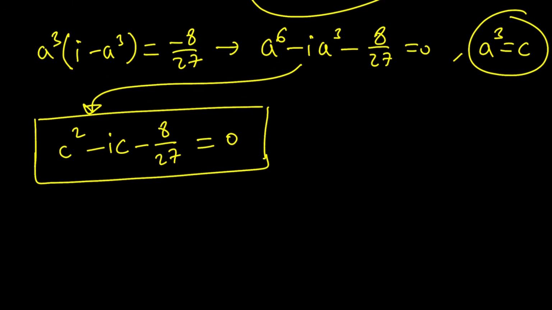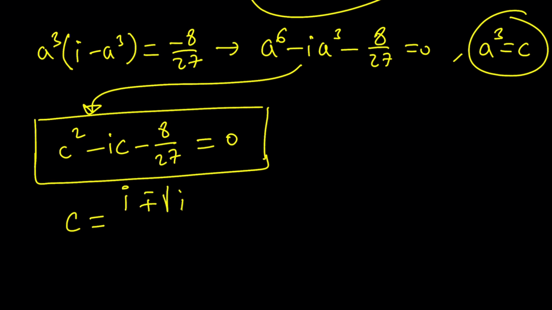So if you use the quadratic formula for this, you're going to get c equals negative b plus or minus the square root of b squared, which is i squared, minus 4ac, that's going to be plus 32/27, divided by 2a. i squared is negative 1. That's going to give us 5/27.